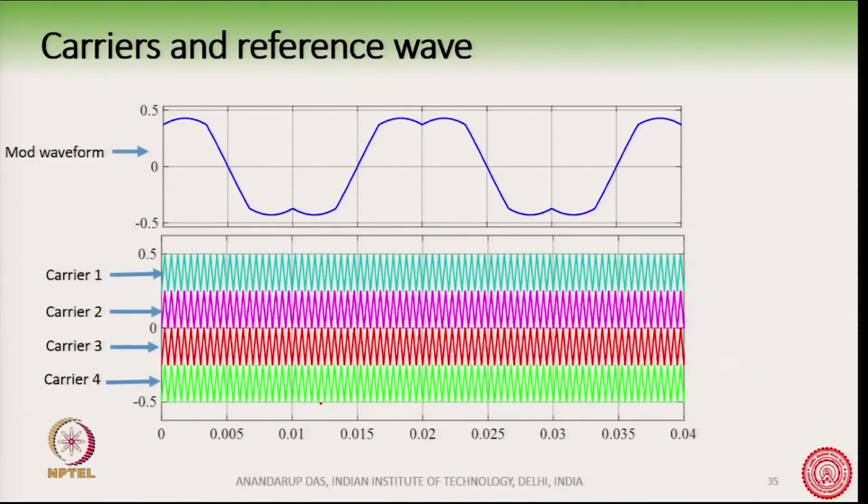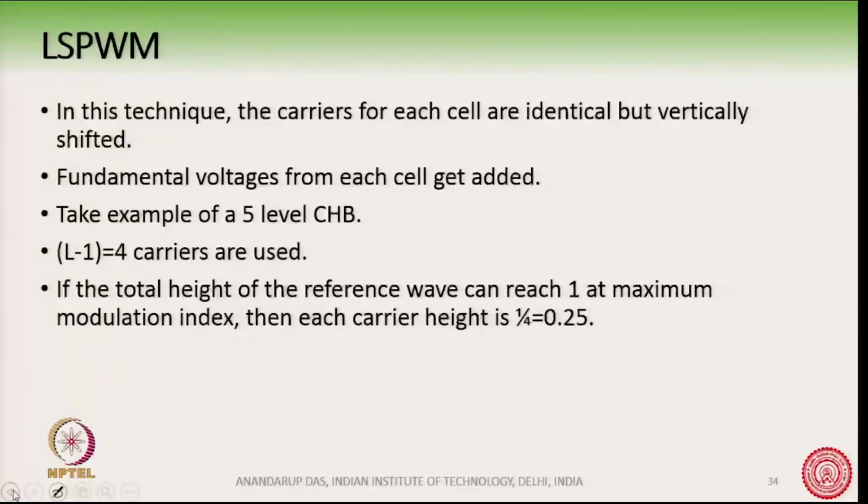So, what is the height of each carrier? If the total height of the modulating or the reference wave is 1, then the height of each carrier is 1 by 4, or 1 by the total number of carriers used. So, it is 1 by 4, equal to 0.25.